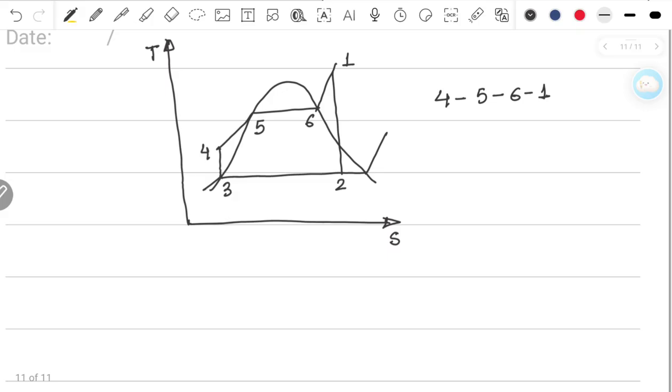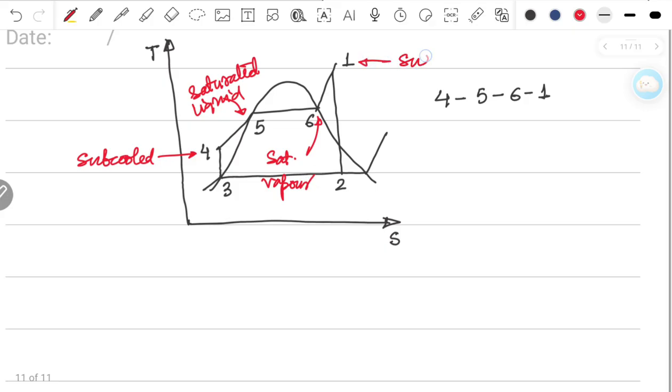Basically friends, if you look, this 4 is a subcooled liquid, this is saturated liquid, this is saturated vapor, and this one is superheated vapor.